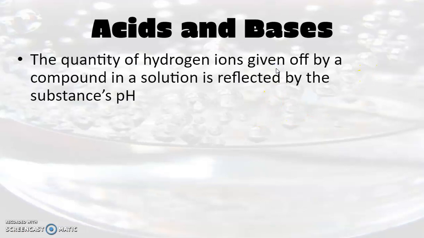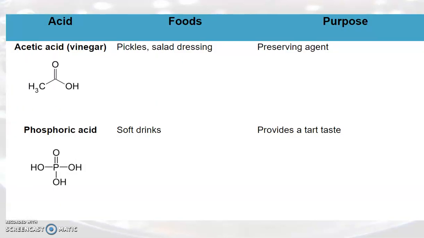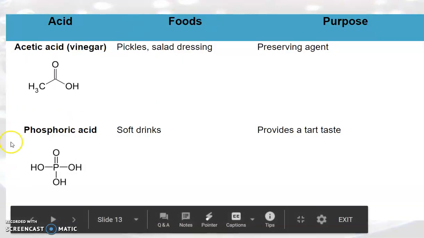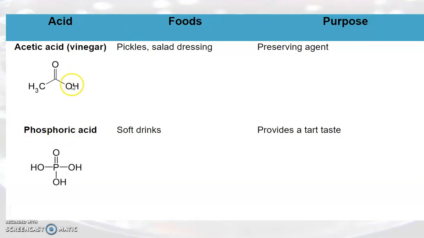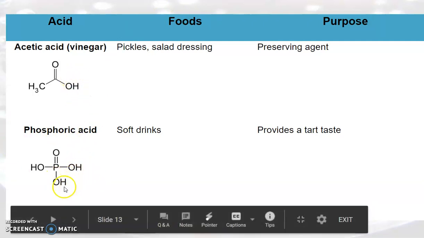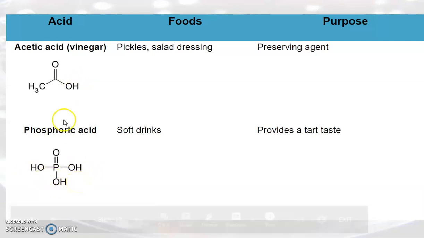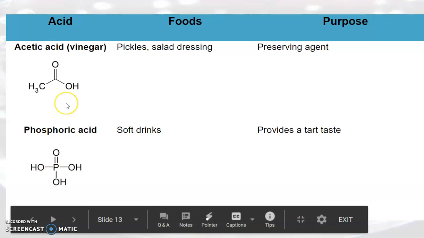So when we get started, the quantity of hydrogen ions given off in solution by an acid is reflected by the substance's pH. I'm going to go back just a little bit. We talked about how in acids the H's come off of their chemical structure, and the actual concentration, or the amount of H ions that come off.